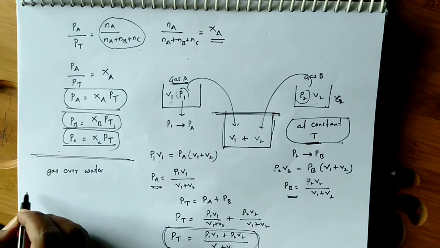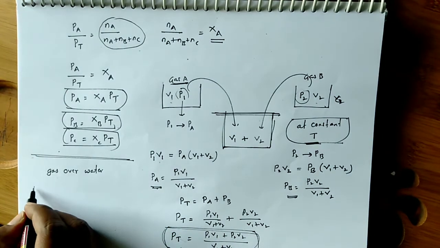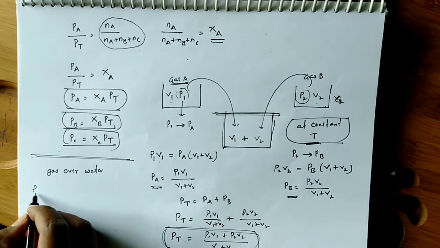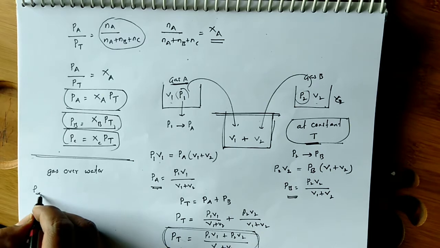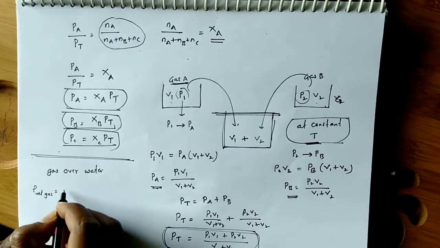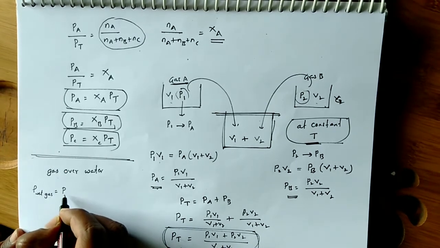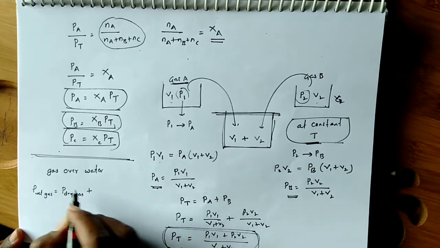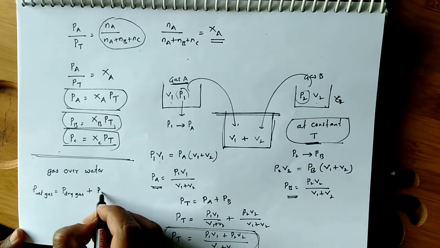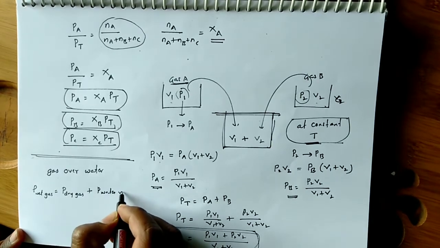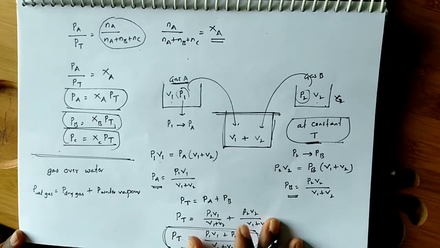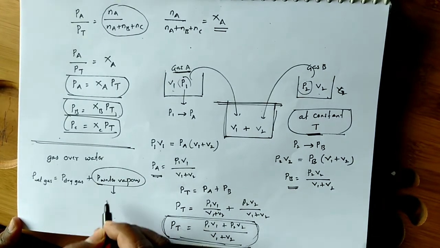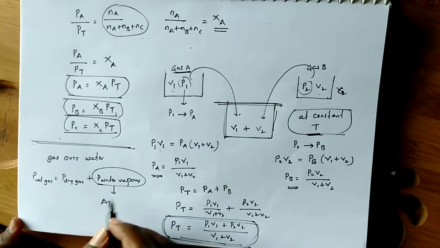So the pressure of wet gas equals pressure of dry gas plus pressure of water vapor. This partial pressure of water vapor is called aqueous tension.